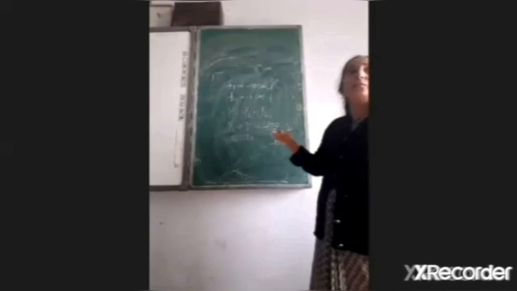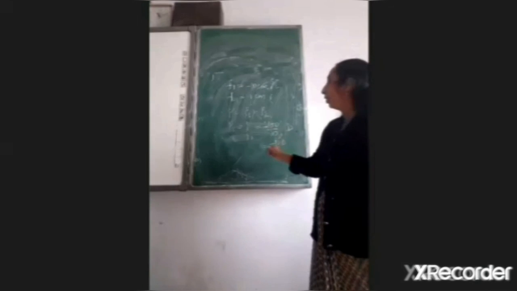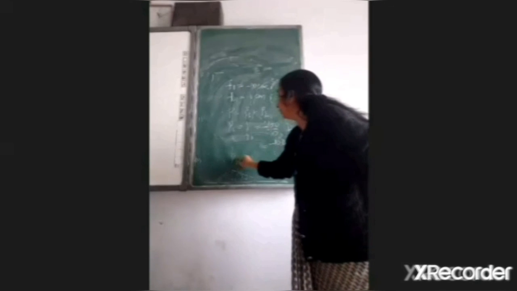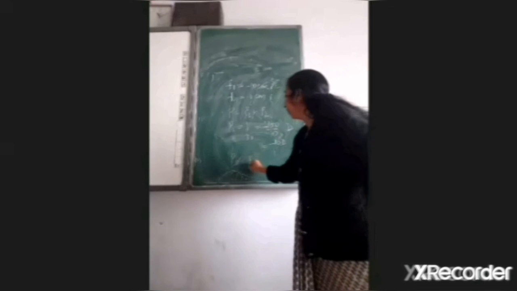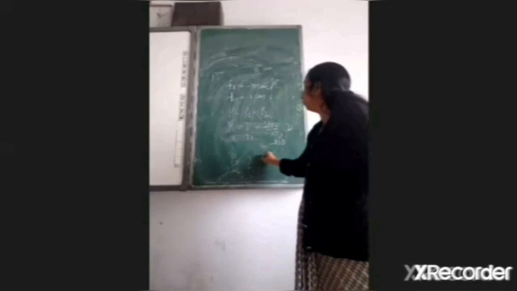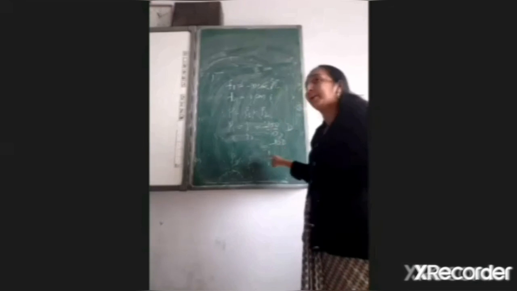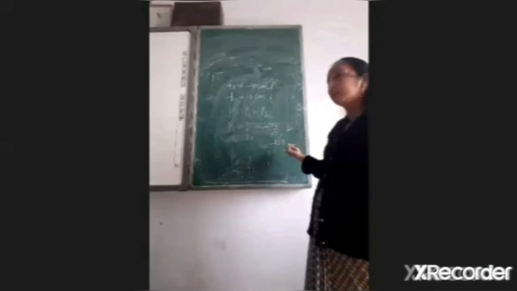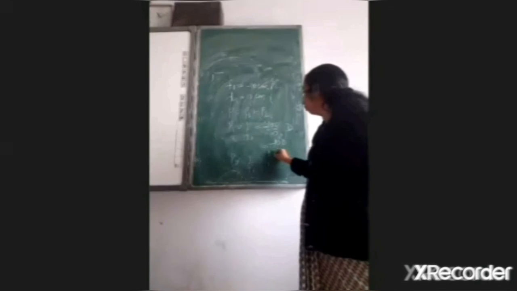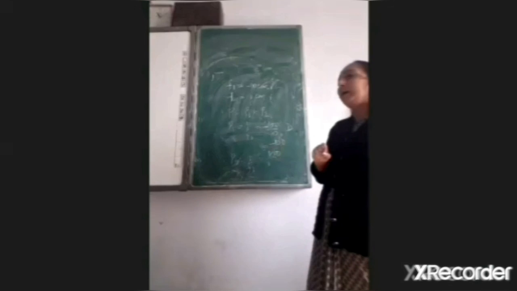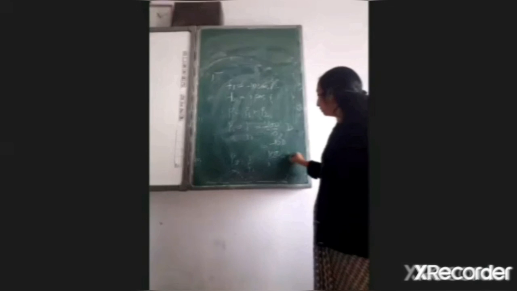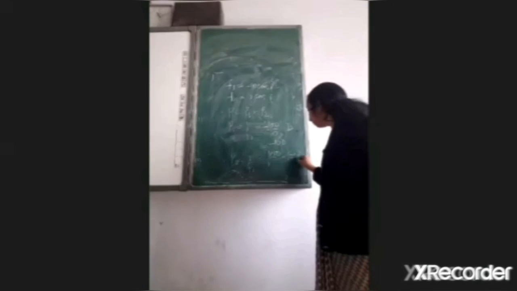Similarly, power of the second lens is equal to 1 upon F2. Here we have 1 upon 1 centimeters. If we want to change it in meters, what we have to do? Divide by 100. So this is your 100 diopter.